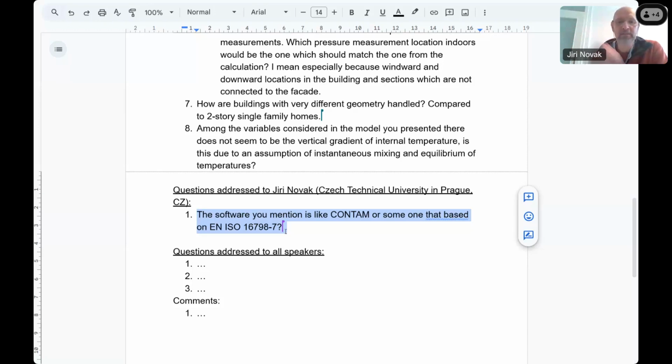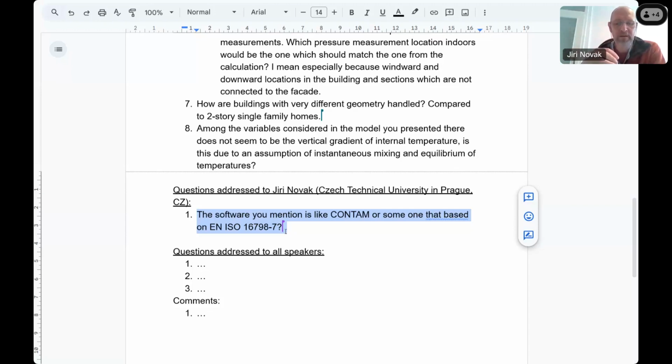This is the software for calculation of the whole energy need, including the calculation of heat loss due to heat transfer through the building envelope, ventilation, infiltration, etc. So the calculation of infiltration heat loss is only a part of the calculation included in this software.